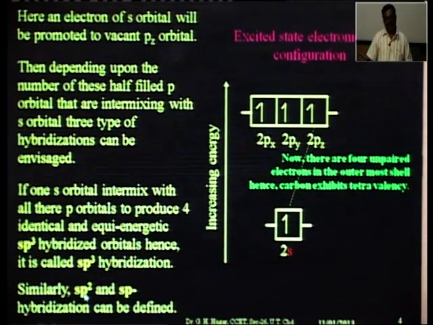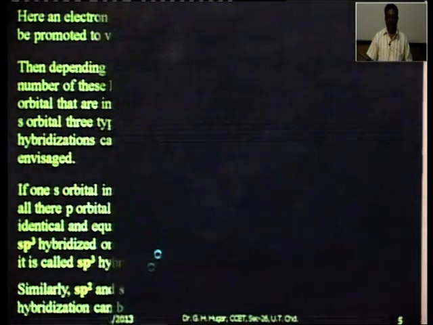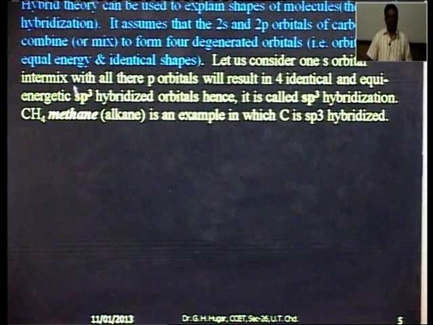Similarly, we can explain sp2 hybridization, in which only 2 of these excited state orbitals of the carbon intermix with the s orbital to form 3 sp2 hybridized orbitals, and sometimes in some molecules only one s and one p intermix to form 2 sp hybridized orbitals and so on. So, the hybridization you have already studied.